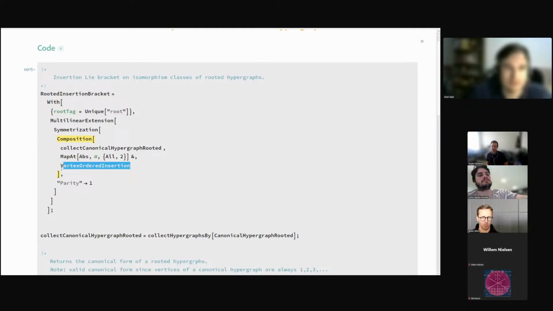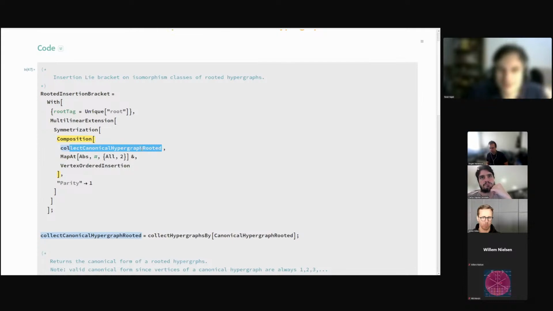Only I still have the vertex ordered insertion, but now I take the absolute value of all the coefficients. I don't care about the sign, I just want to make it 1 everywhere. And now I replace collect canonical hypergraph vertex ordered by collect canonical hypergraph rooted.